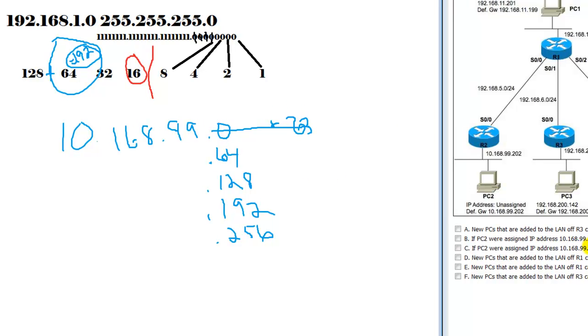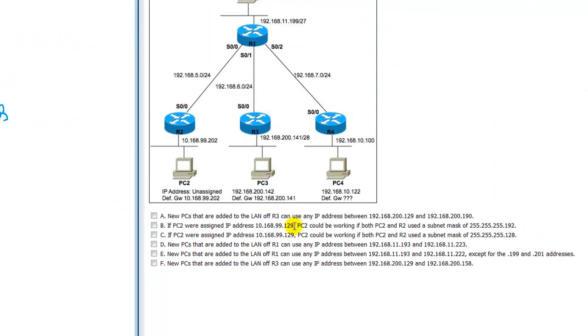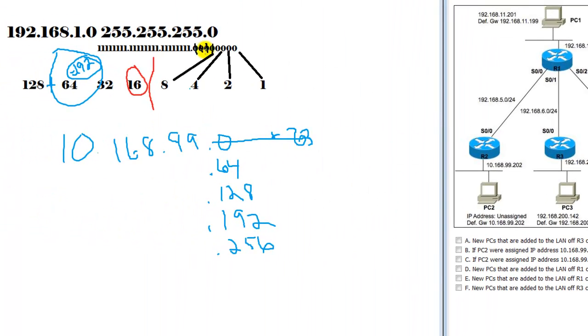And it wants to know if you can get 192 or 129. Okay, so 129, looking over here, that's what PC2 were assigned, would be in this network right here, right? 129, that's the next ID, so that's fine.